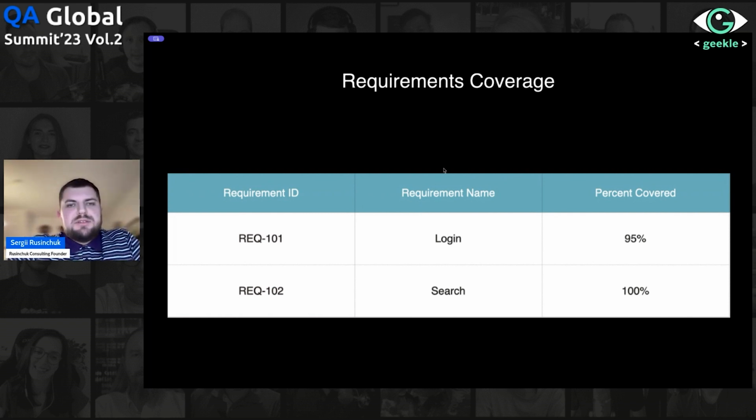As an example here, we have two different modules. The first one is login and the second one is the search module. So, for example, requirement 101 is covered by 95%, and the search module is covered by 100%. And that's, I guess, pretty much it regarding this one.